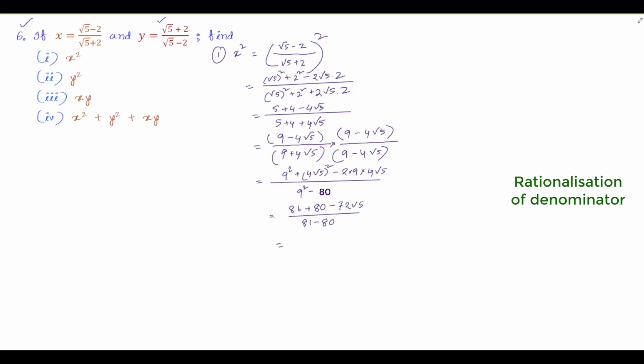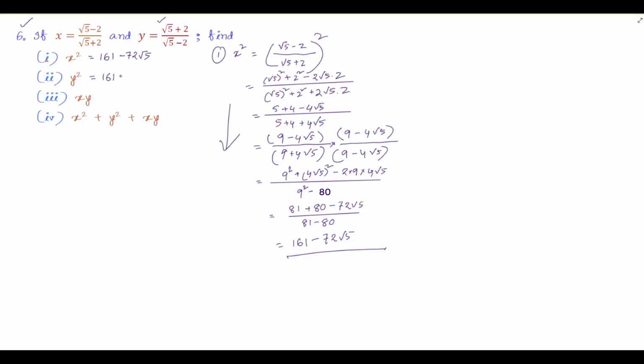So we can write 81 plus 80 is 161 minus 72 root 5. Similarly, you can find y square, 161 plus 72 root 5.